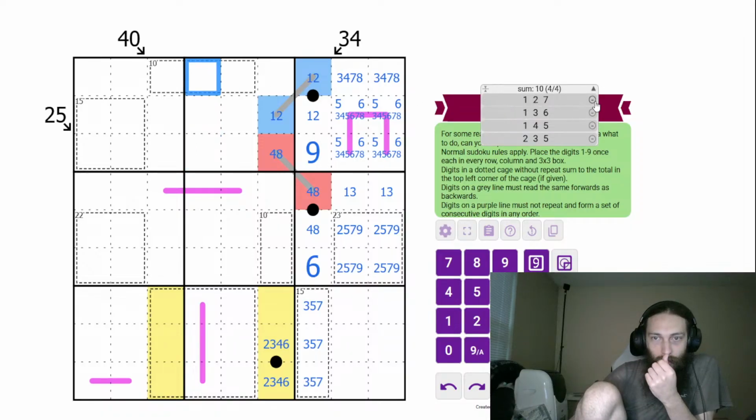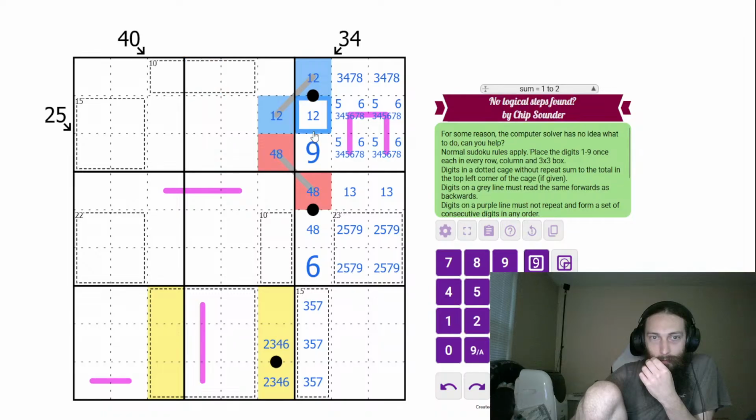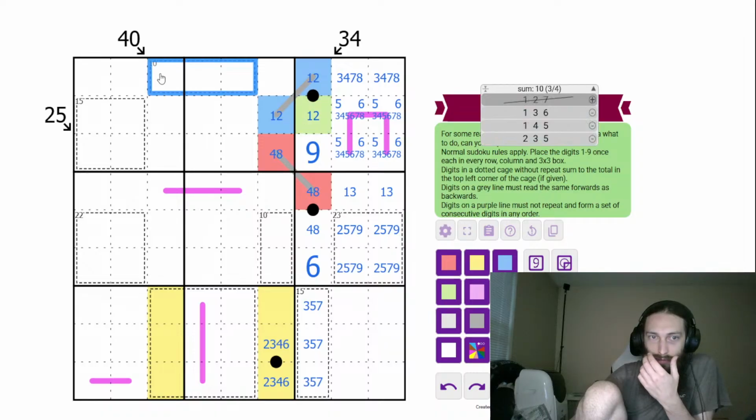This 10 cannot be 1, 2, 7 anymore, but it does need a 1 or a 2. So whatever this is, it's in here now.